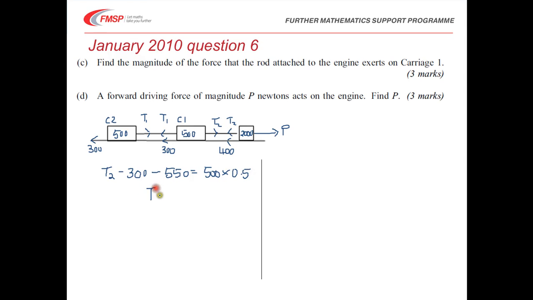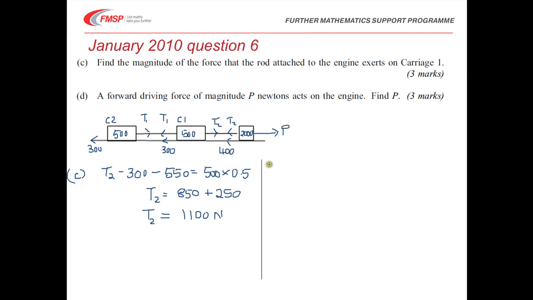So T2, that's 250 plus 850, is going to be 1100. So 1100 newtons. And that now is the force that the rod attached to the engine exerts on carriage 1. So we've been looking at just this bit.